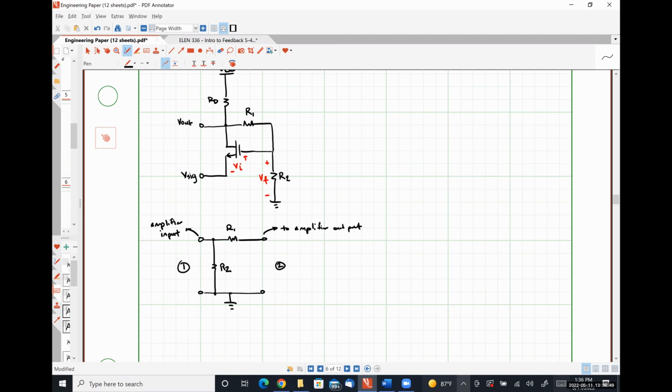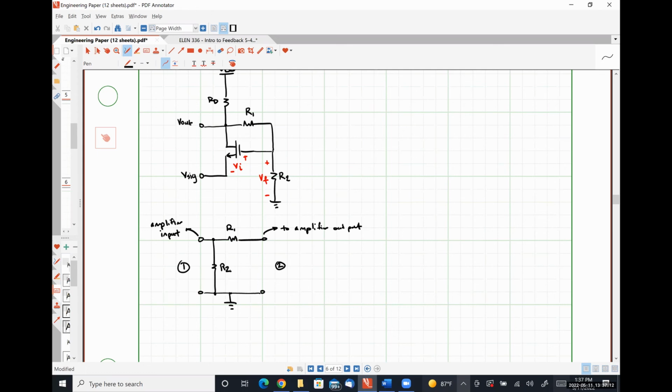Okay. How do we measure R11? We look into port 1 with port 2 short circuit. So that would place resistor R2 in parallel with resistor R1, right?